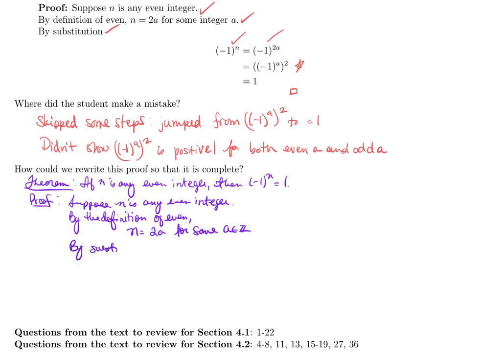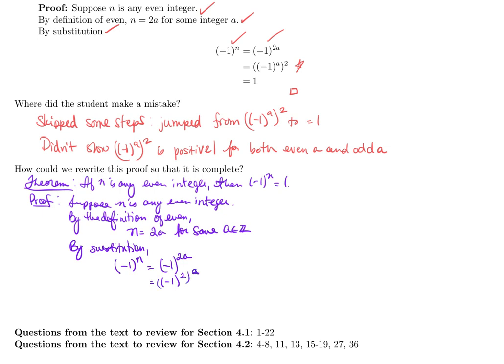By substitution, -1 to the n is now going to be -1 to the 2a. But the way we can get around having to show these cases is that we can say this is (-1) squared, and instead of splitting up the exponents to be a and then 2, flip them around.